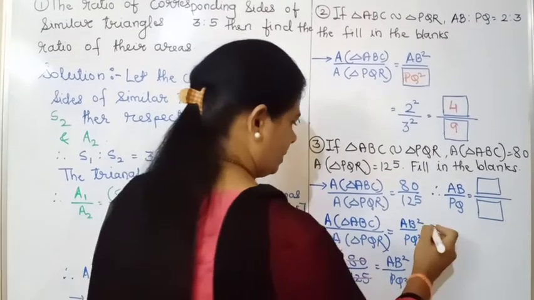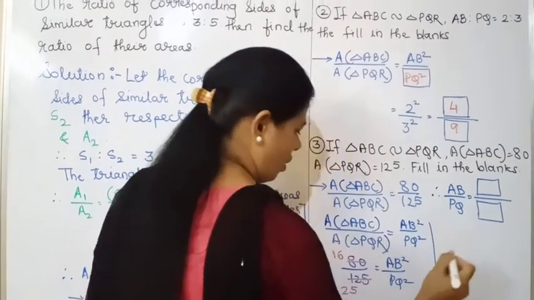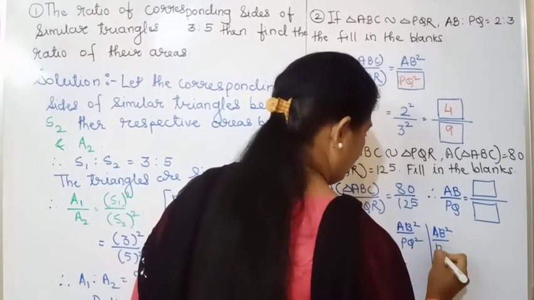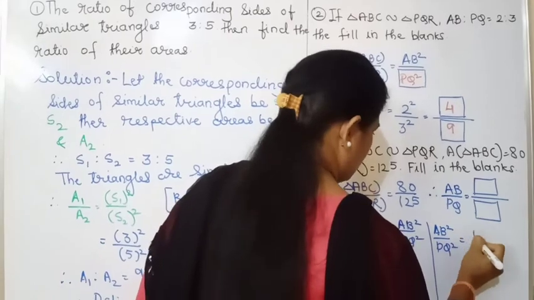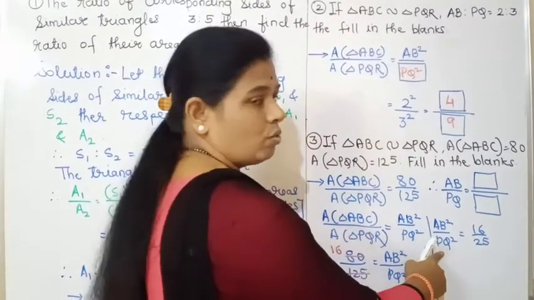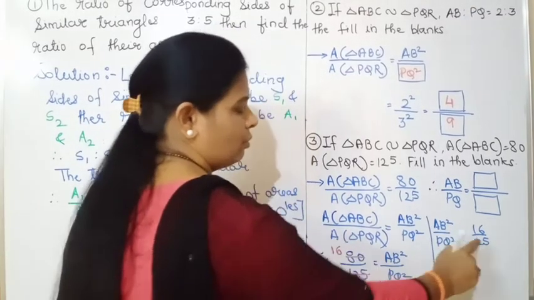Okay, so now what we have got is AB square upon PQ square is equal to 16 upon 25. Now we have to remove the square from here and we have to take the square root.